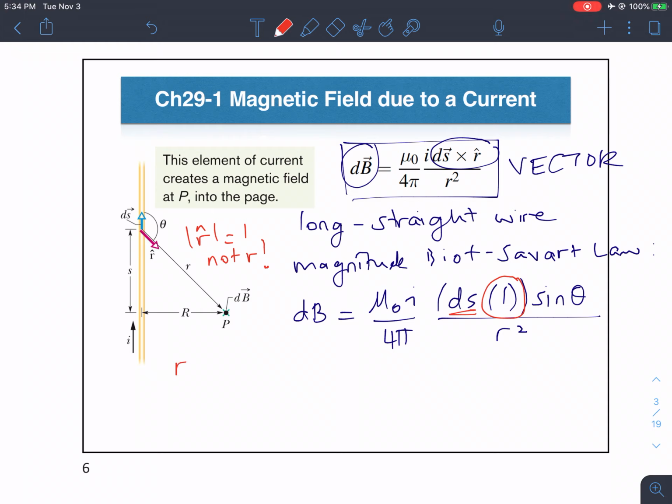So what is r? You can think of r squared. You can see this right triangle here. Little r squared is s squared plus R squared, and if we needed, little r is the root of that.